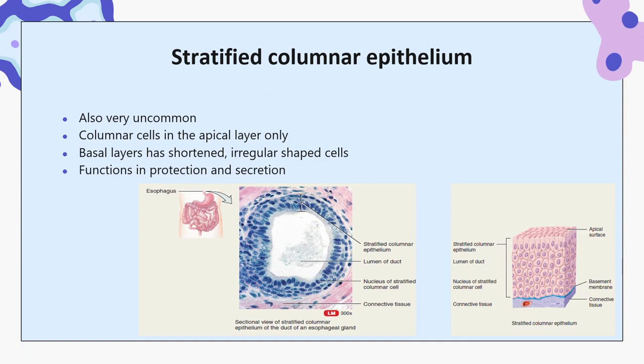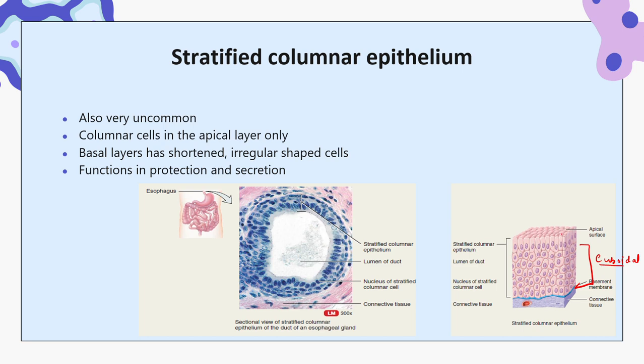Next, stratified columnar epithelium. Again, multiple layers are present, but the columnar cells are present at the apical layer only, and the cells below the apical surface are cuboidal in nature, correct? So you can see in the diagram the cells present in this region, towards the basement membrane, are cuboidal in nature.